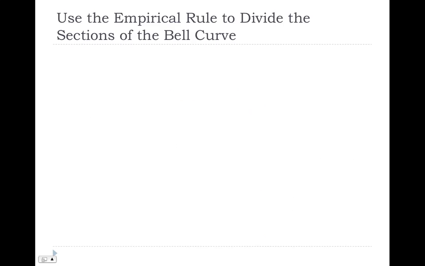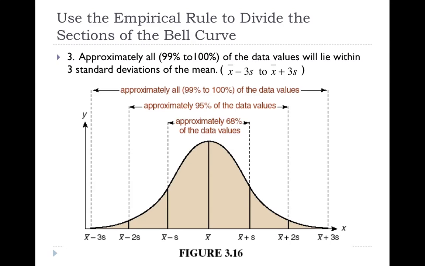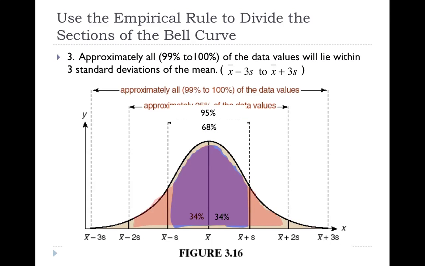Okay, let's take it one step further. Approximately all 99 to 100% of the data values lie within 3 standard deviations of the mean, x bar minus 3s to x bar plus 3s. So all of it. For the purposes of this calculation, let's assume it's 100%. So let's figure out how much percentage of area lies in this far left tail and in this far right tail.